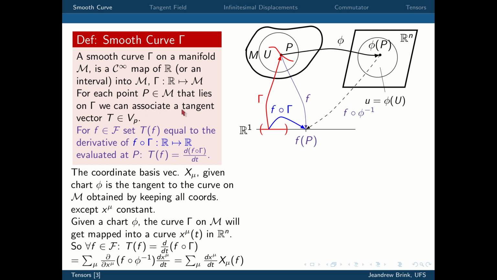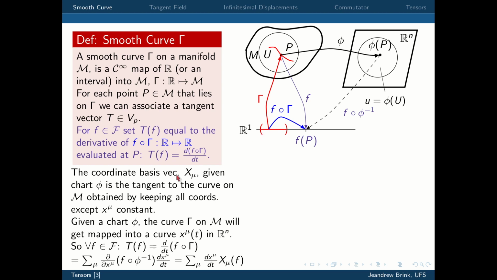So we have this special vector that basically measures how the thing is changing along the curve, okay? And the way we assign the value of that tangent vector is to say that it is basically d/dt of this function.